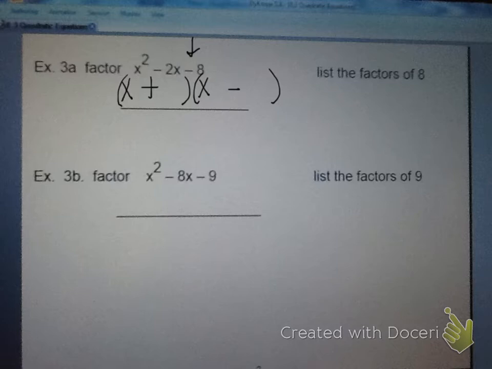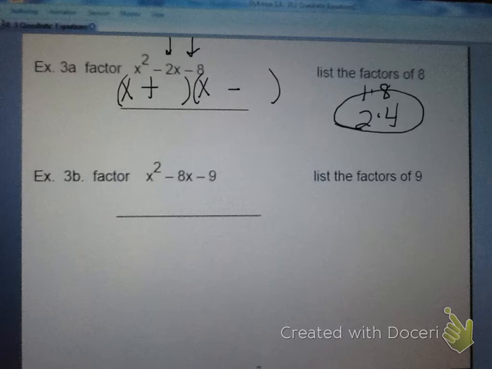Now let's list all the factors of 8. 1 times 8, 2 times 4. Now, because the signs are different, we want to find factors that subtract to get the middle term, and the middle term is 2. So we're going to circle the 2 and the 4. Now, in this case, it does matter where we put the 2 and where we put the 4.